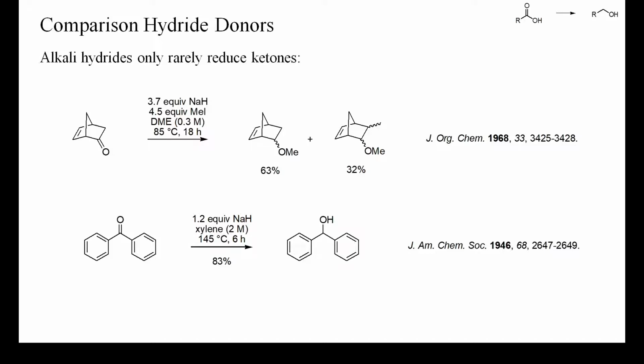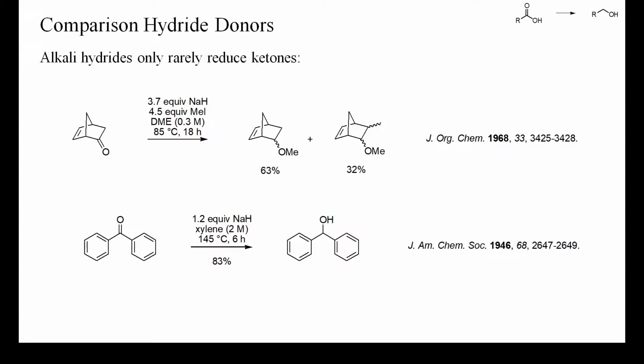Norbornenone undergoes enolization more slowly than other similar ketones and, because of the high ring strain in norbornenes, reacts more readily with nucleophiles. These were the main two reasons proposed by the authors for this unique reactivity of sodium hydride toward norbornenone.